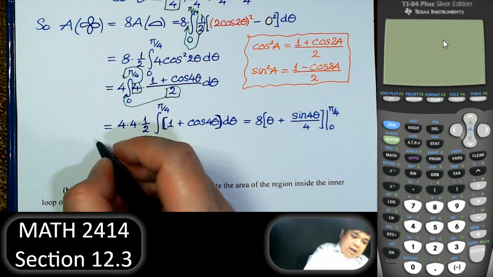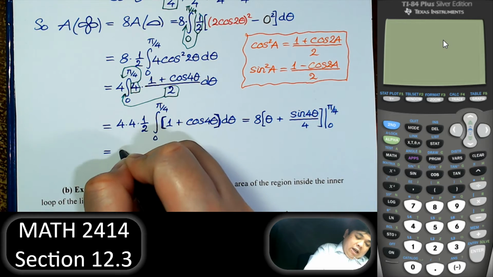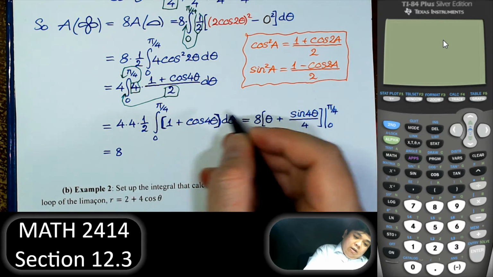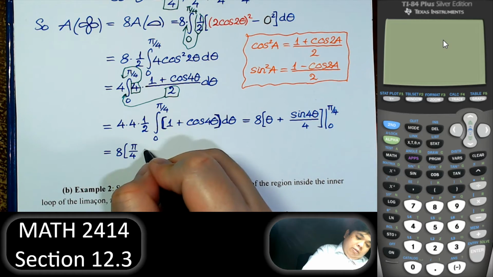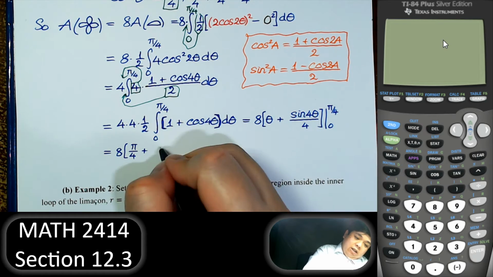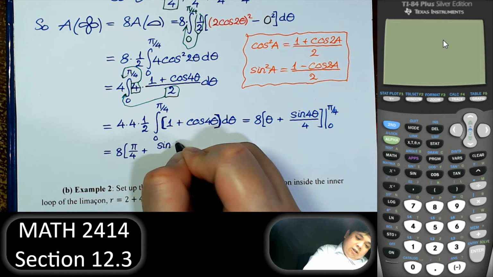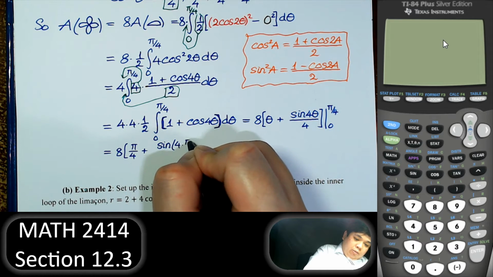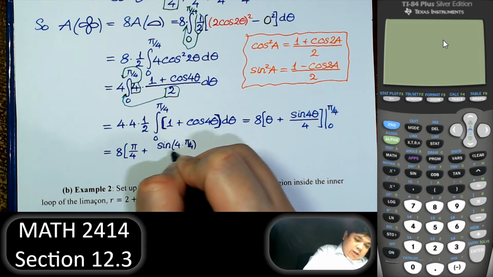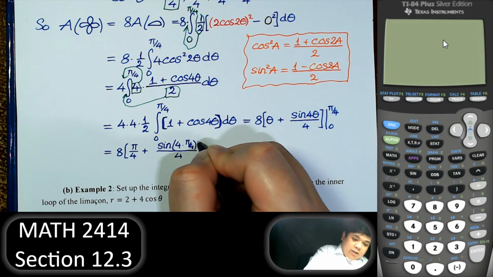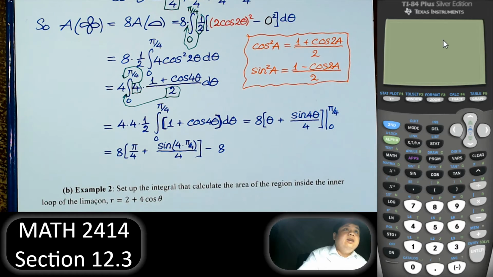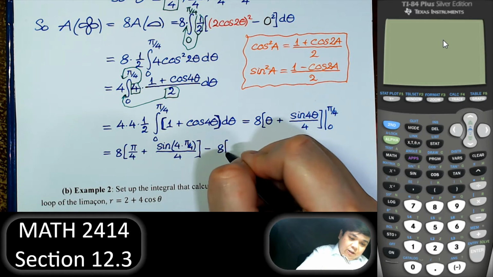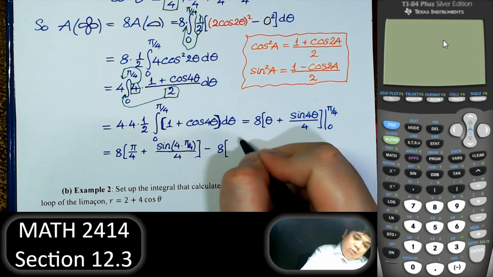Right, and then so we just substitute in the limit. 8, we have pi over 4 plus sine of 4 pi over 4 divided by 4. Subtract 8. Now put in 0.